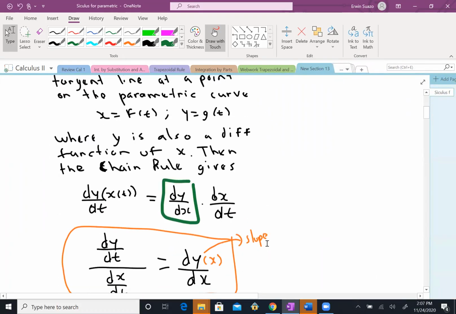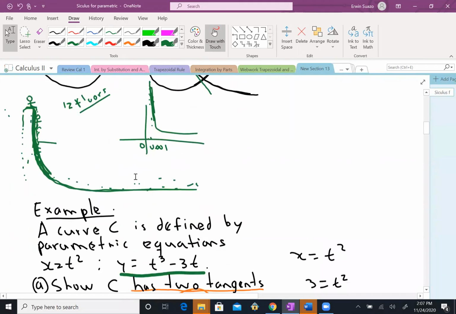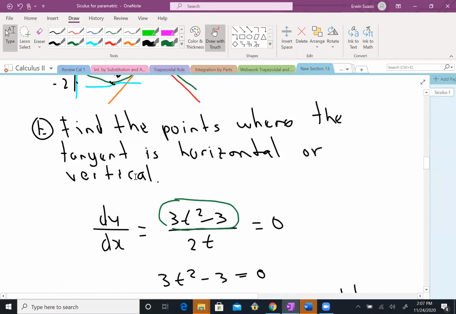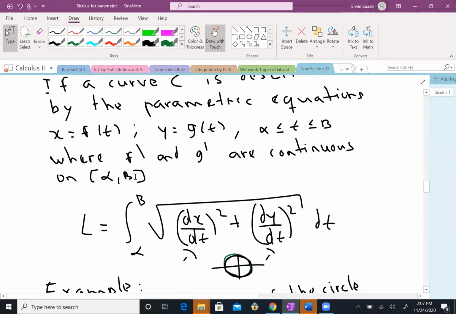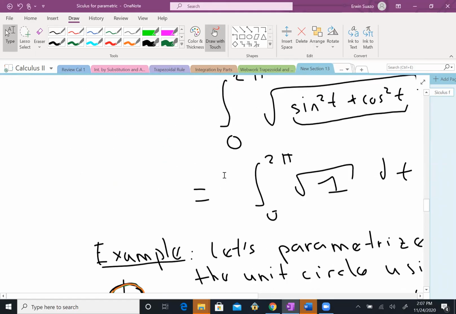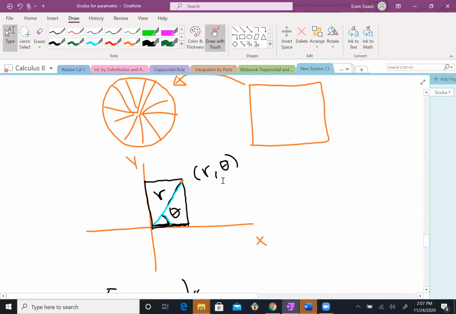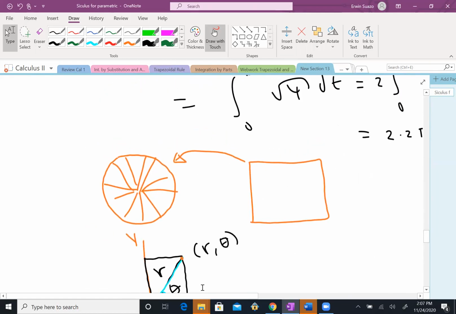So last time we talked about the derivative, and at the end, we also talked about the arc length. We started talking about polar coordinates here, remember?